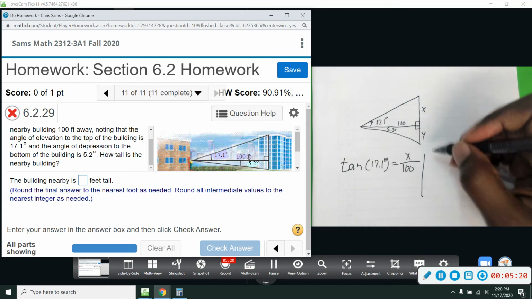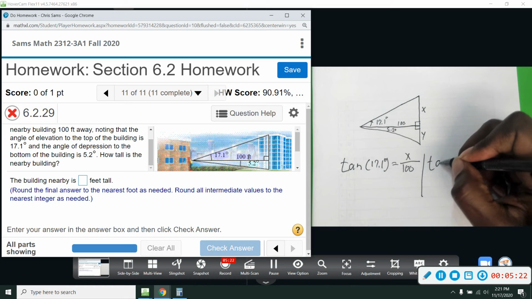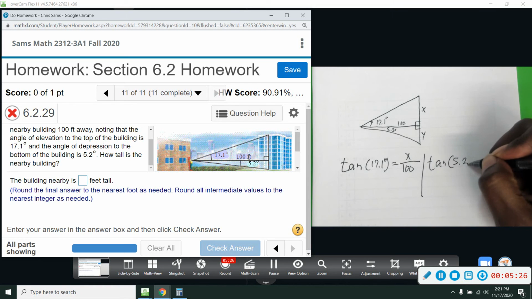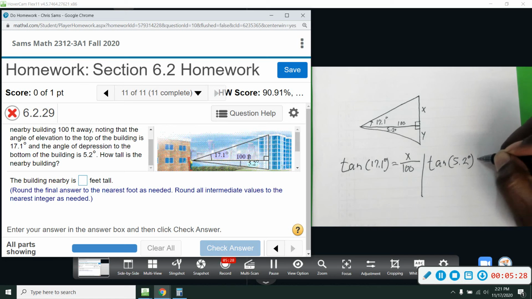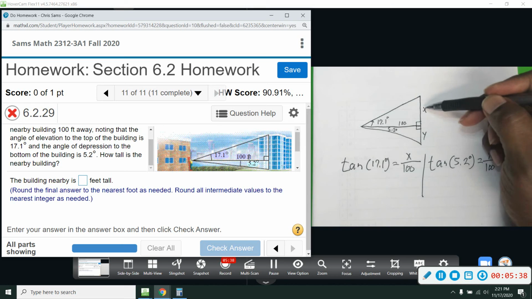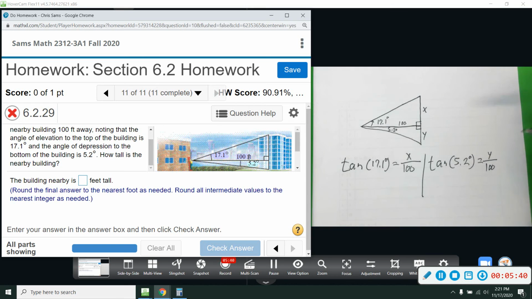So opposite over adjacent, we're going to do tangent of 5.2 degrees equals opposite, which will be y, over adjacent, which is 100. The height of the building will be the addition of both of these.